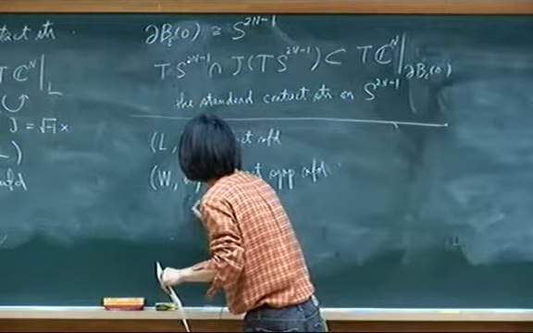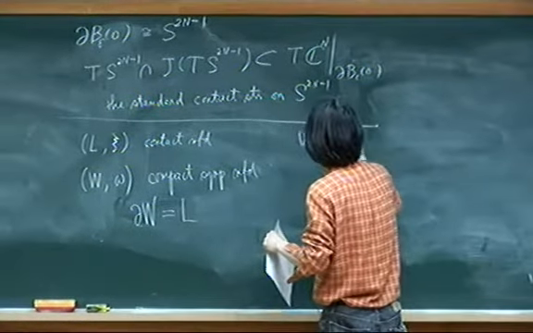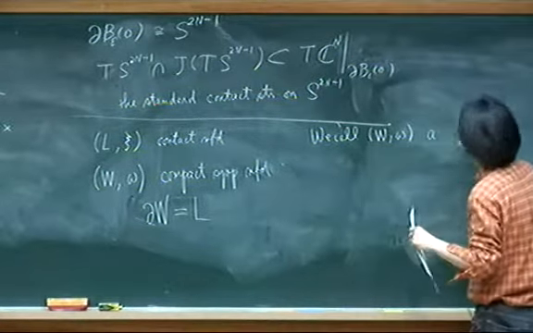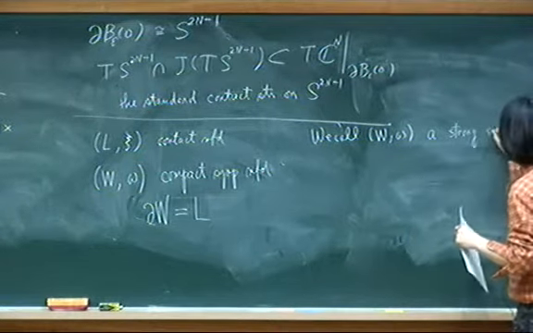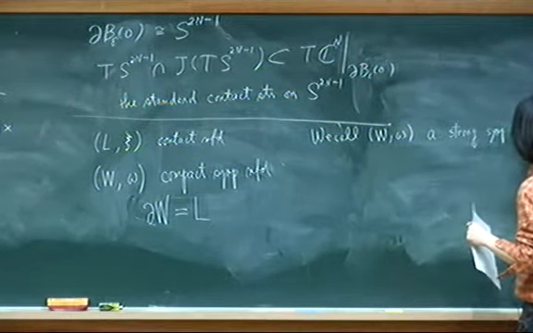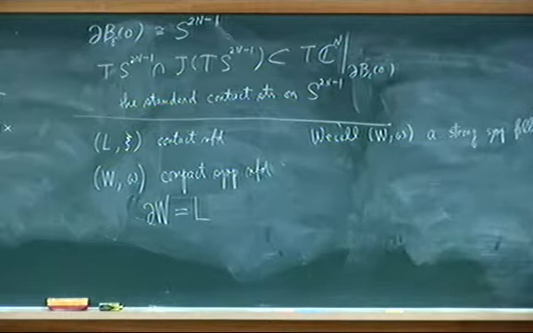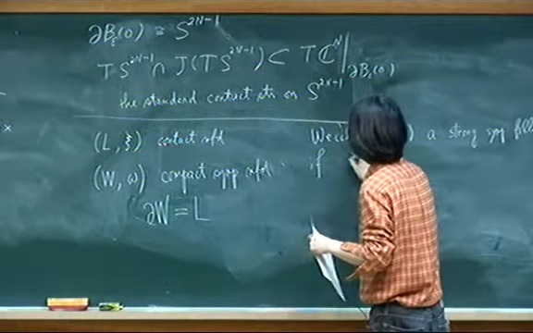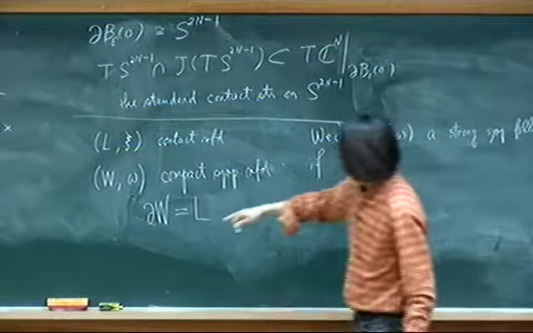So we call this (W, omega). Maybe today I only consider so-called strong symplectic fillings of this thing if there exists a certain vector field around the boundary.